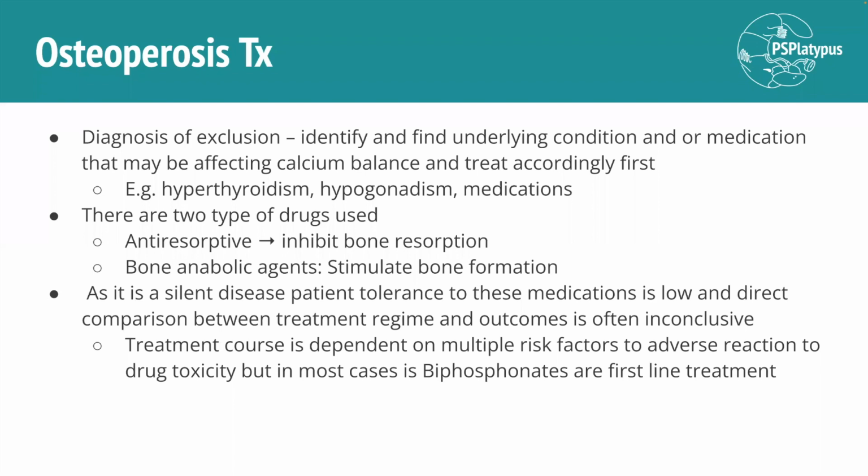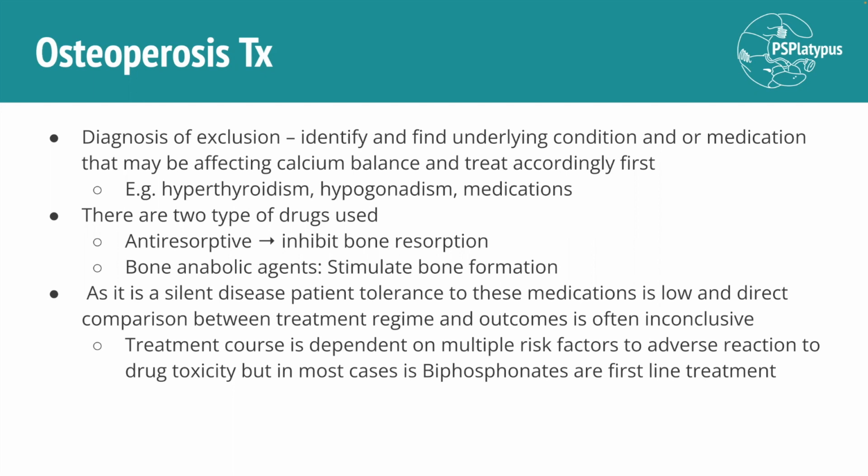In terms of treatment of osteoporosis, first of all, it's having the correct diagnosis. And osteoporosis should be a diagnosis of exclusion, where we identify other underlying conditions and or medications that may be causing the osteoporosis first, and then treat accordingly for our weakened bones due to increased breakdown of our bones.